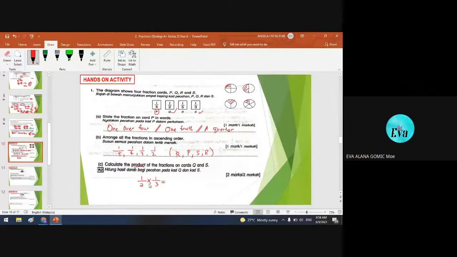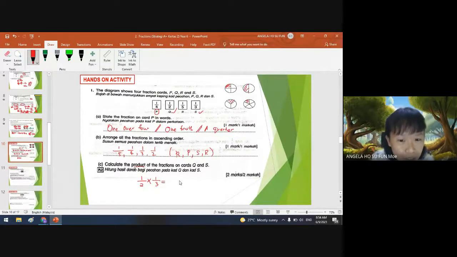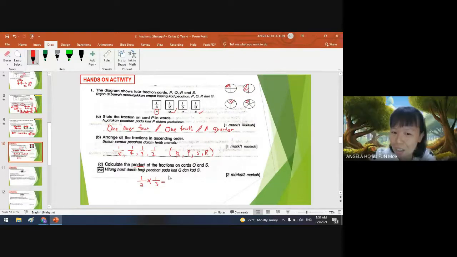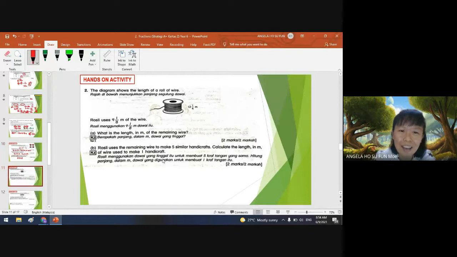What is your answer? 5/6? Huh? 1/6. I heard just now people say 5/6. What is your answer? 1/6. Okay, 1 times 1 is 1. 2 times 3 is 6. Yes, it's 1/6. All right, we go on to the second question here.